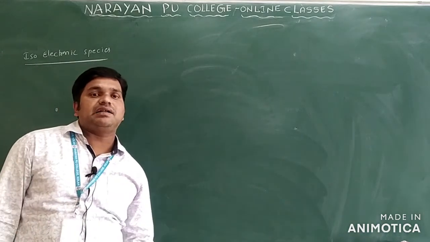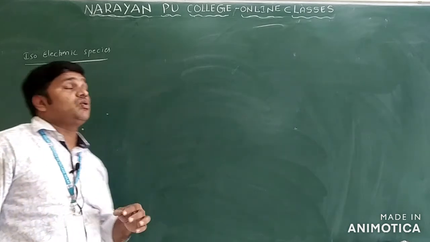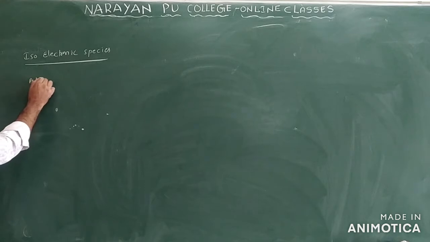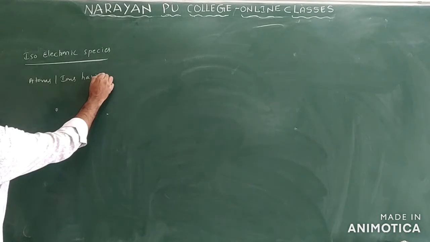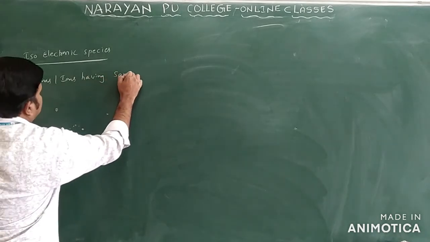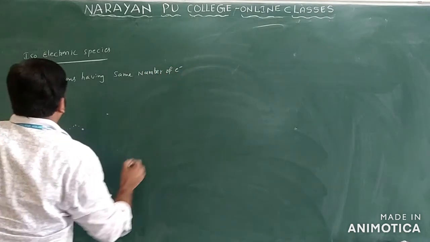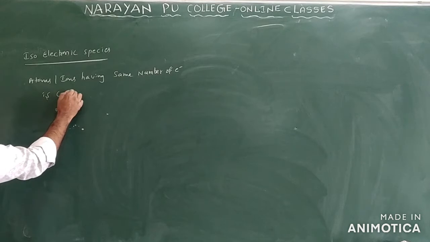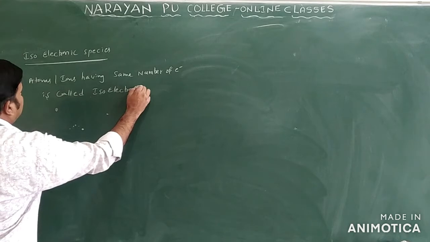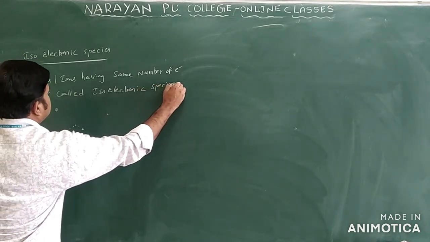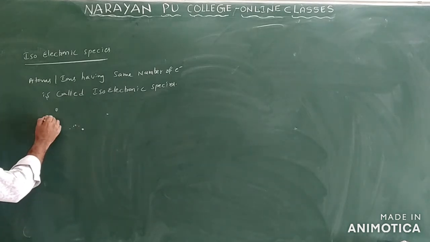Atoms or ions having the same number of electrons are called isoelectronic species only.